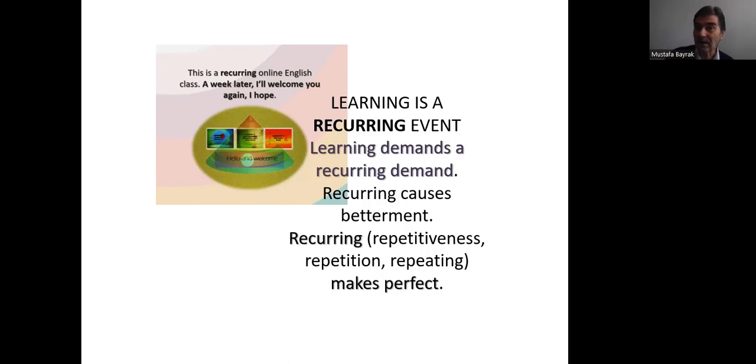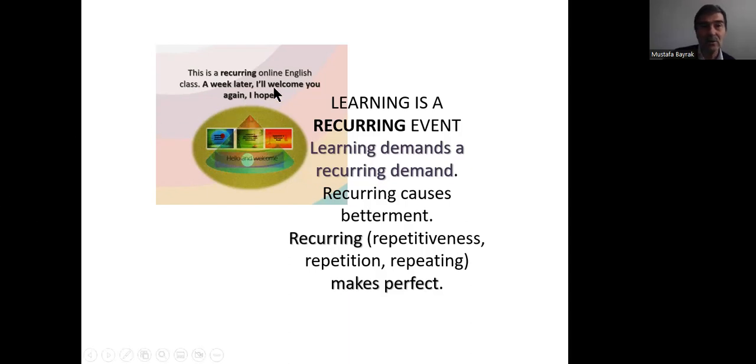Learning demands means wants, needs, requires a recurring will. Recurring causes betterment. Repetition makes perfect. Practice also makes perfect. The original form is practice makes perfect, but recurring makes perfect as well.